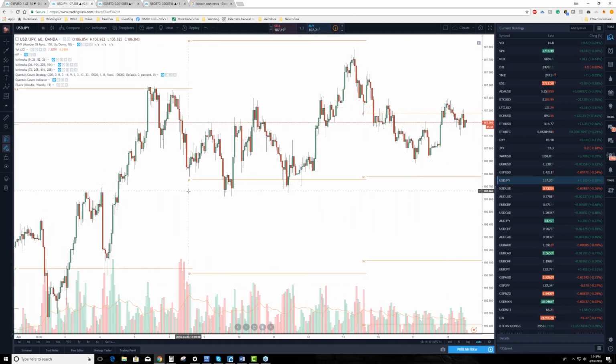Trading price structure is much more effective, efficient, and safer. And candlesticks themselves may not be for everybody.